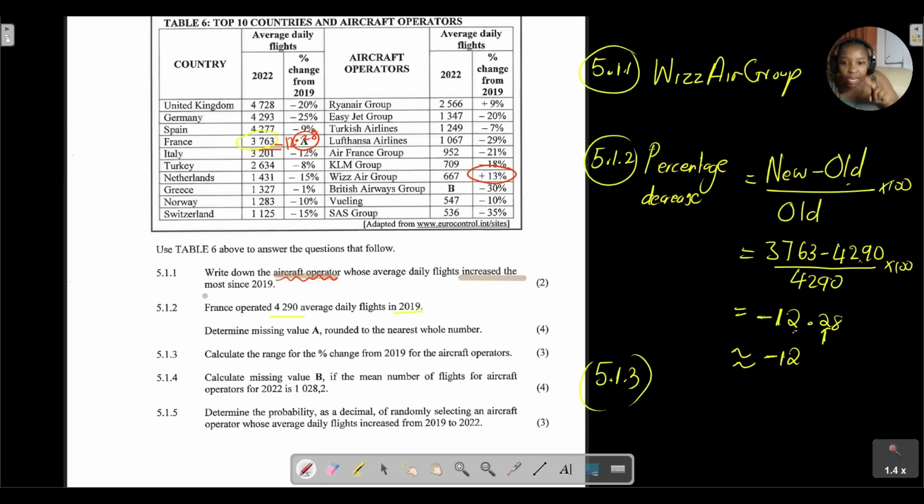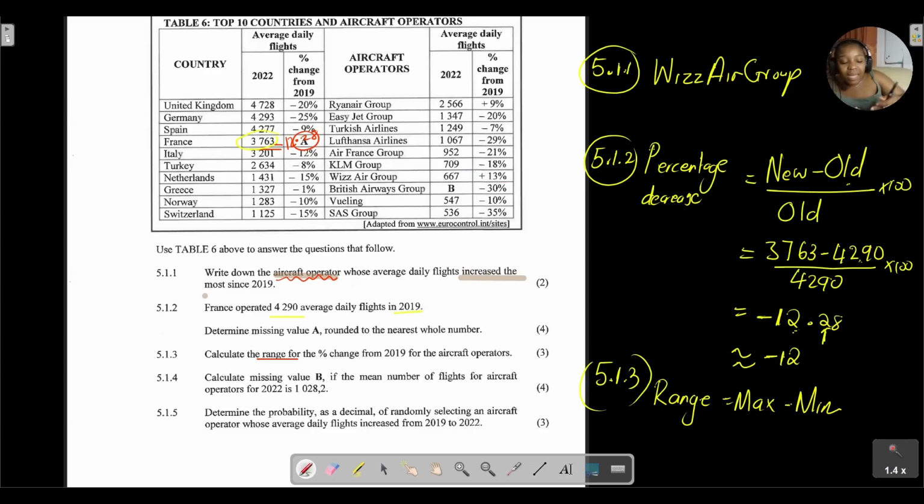Question 5.1.3. Calculate the range for the percentage change from 2019 for the aircraft operators. So here we just want to calculate the range, right? How do we calculate the range? The range is equal to the maximum value minus the minimum value, right? But we are told that here we need to focus on the percentages. So what's the maximum value here?